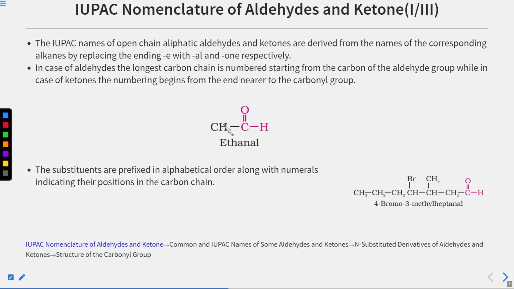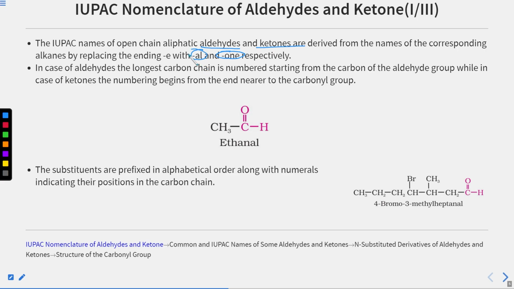So first of all, nomenclature. The nomenclature rules, as you have studied earlier, are common for all organic compounds. First you have to find your longest chain, and then you have to number in such a way that your functional group comes first. Now what is new in the nomenclature of aldehyde and ketone, we will see that. For ketone we have the suffix ONE, and for aldehyde we have AL.